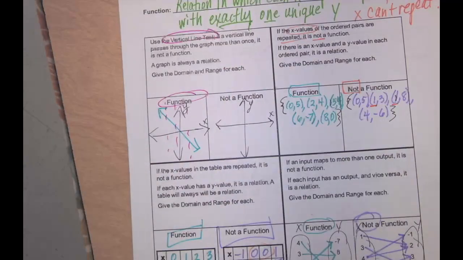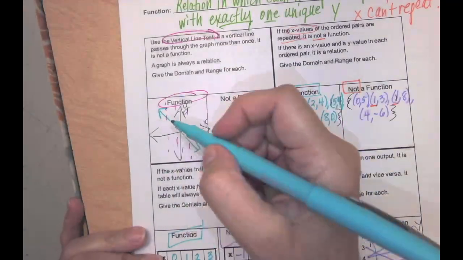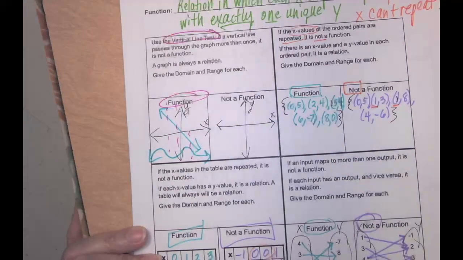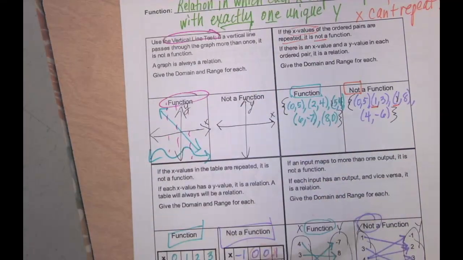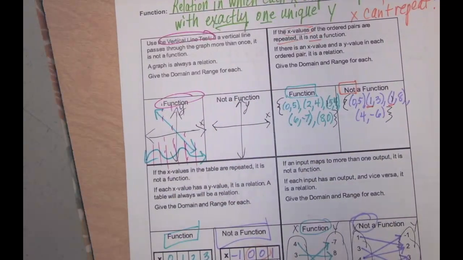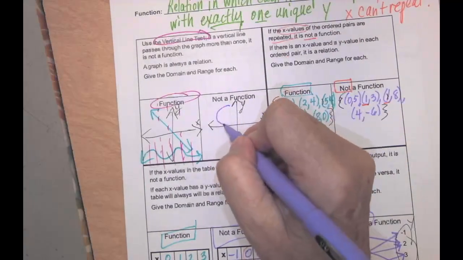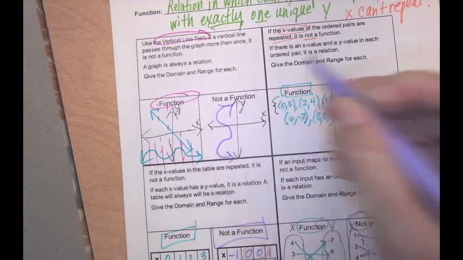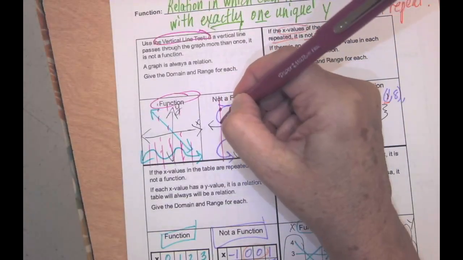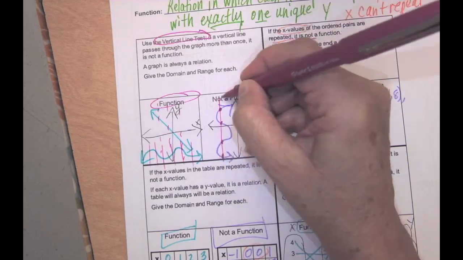So you can see, I'm going to draw another one on here. You see this one, a vertical line only goes through it once, anywhere you drew it. Now, it's not a function if anywhere you drew a line, it would hit that graph more than once. That means X is repeating.